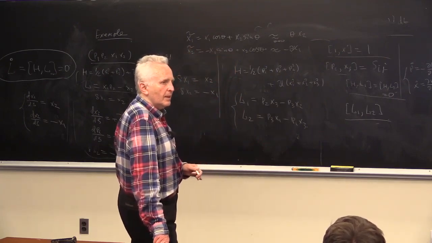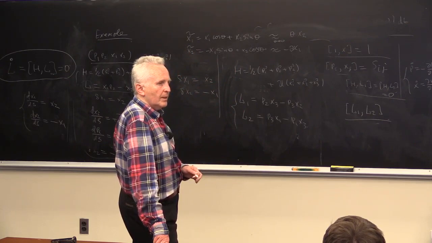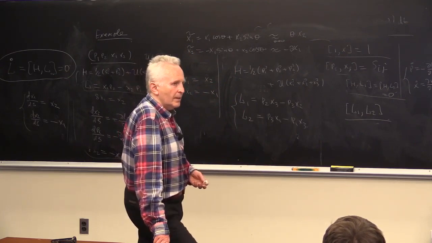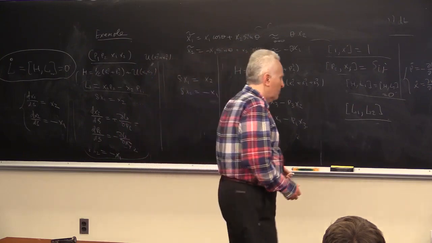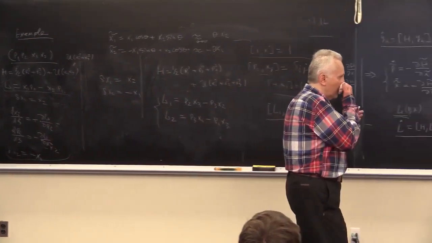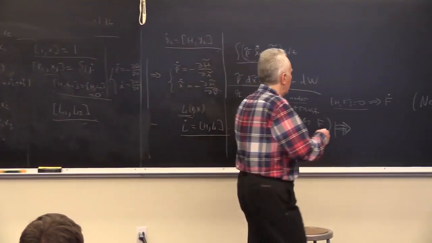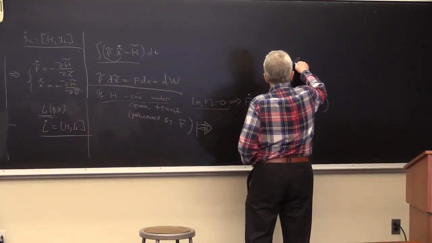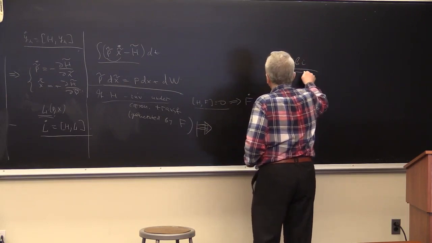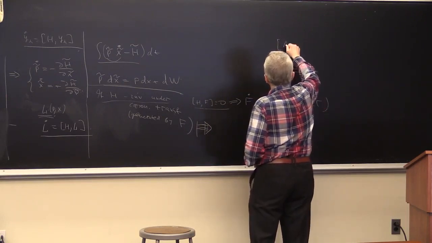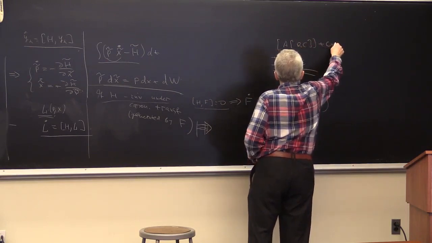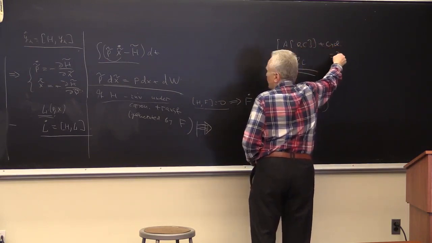Can we use the equation you wrote earlier with the bracket of one thing and another bracket plus cycles equals 0? Yes, this is what is called the Jacobi identity. It says that the bracket of A, B, C plus cyclic permutations is 0.